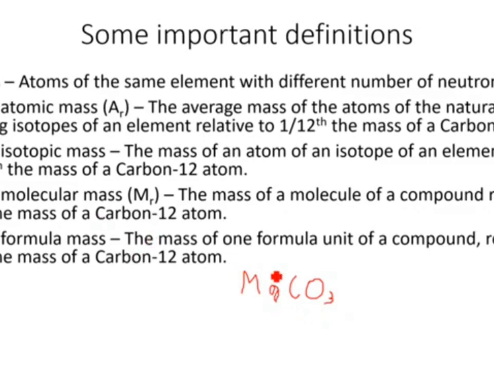So the relative formula mass of MgCO3 will be the sum of the atomic masses of Mg, C, and thrice the atomic mass of oxygen, because we have 3 oxygen atoms. So it's technically the same as the relative molecular mass, but it is generally used for ionic compounds, while relative molecular mass is used for covalent compounds, which are simple molecular compounds.